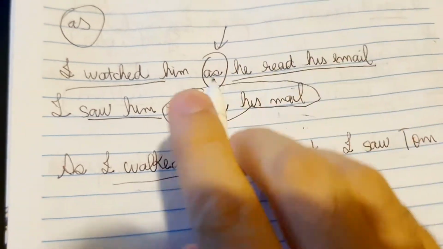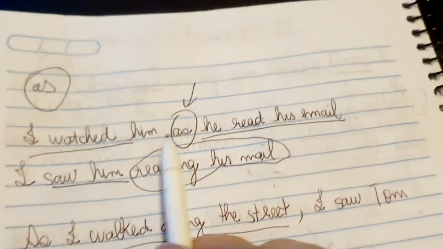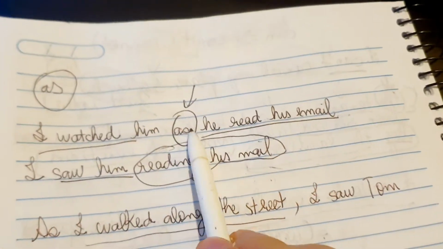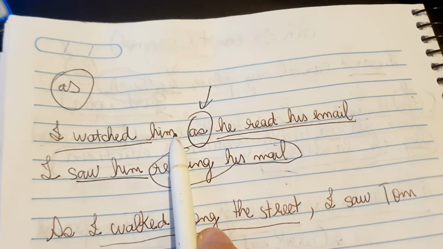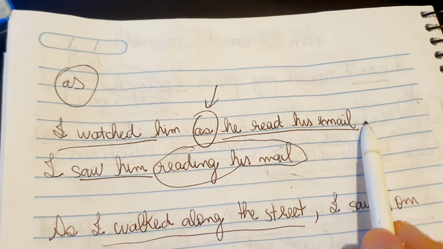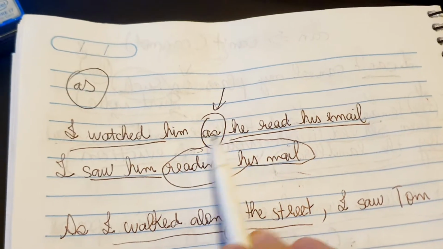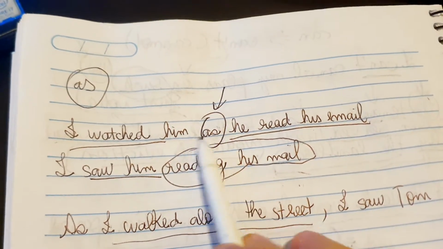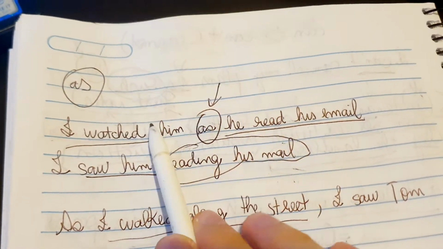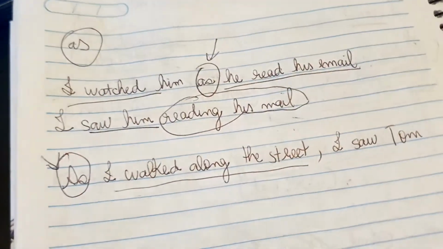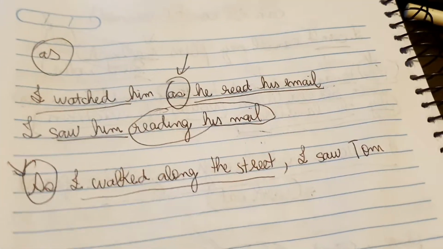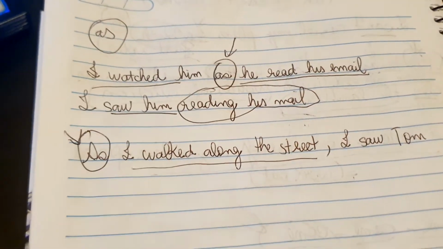You know, I used here in the first example AS in the middle of two different clauses. Here I watched him is one clause, he read his email is another clause, and here we have this AS word linking the two different clauses. I can start the sentence with the word AS as well, okay?